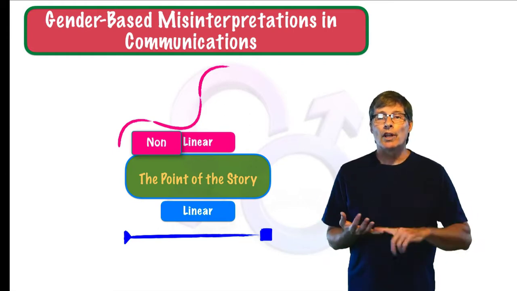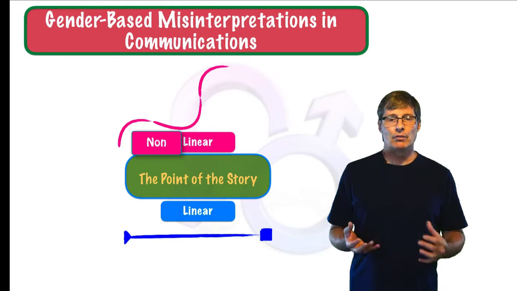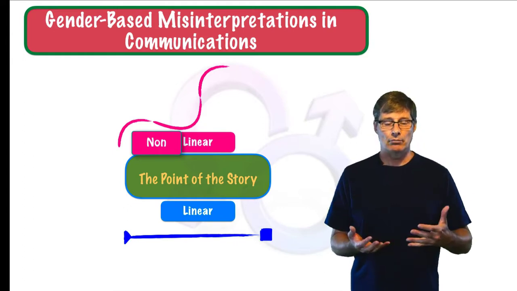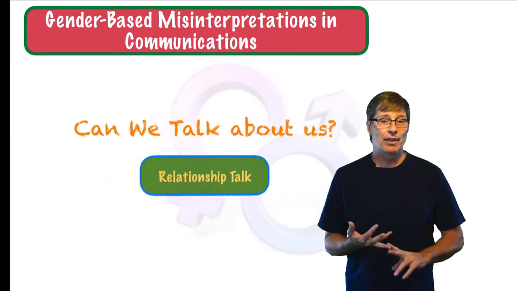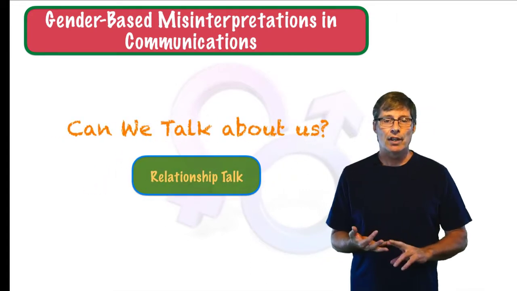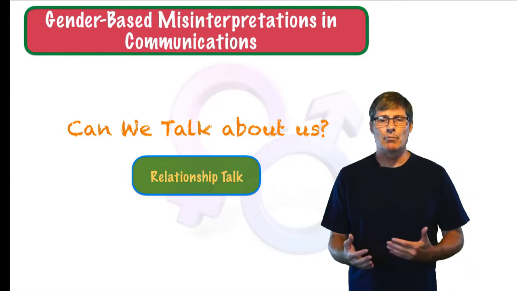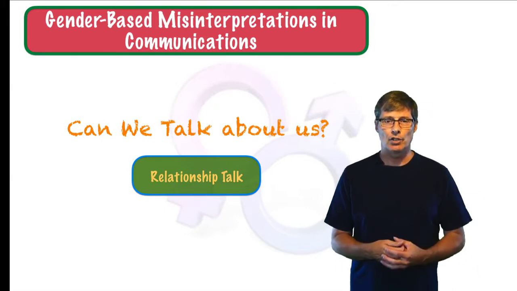Fourthly, relationship talk. Masculine communicators tend to talk about the relationship only when there's a problem, whereas feminine communicators tend to want to regularly check in about the state of the relationship.